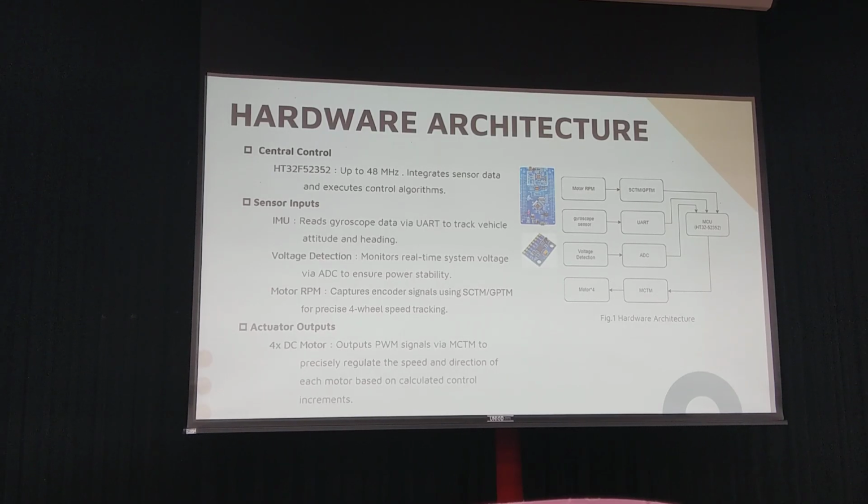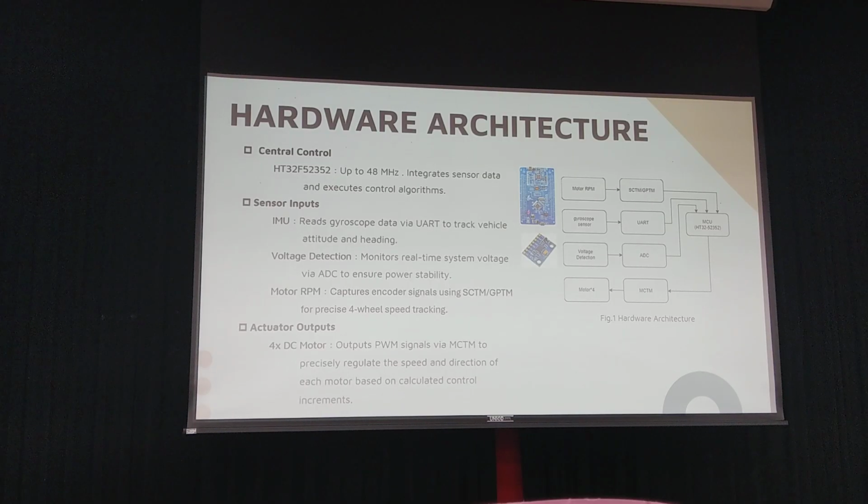First, an IMU reads gyroscope data using UART, allowing us to check the vehicle's attitude and heading in real time. Second, we have a voltage detection module that monitors the system voltage using an ADC to ensure our power supply remains stable. Finally, and very important, to capture the motor RPM, we use encoder signals processed through SCTN and GPTN timers for precise speed tracking of all wheels.